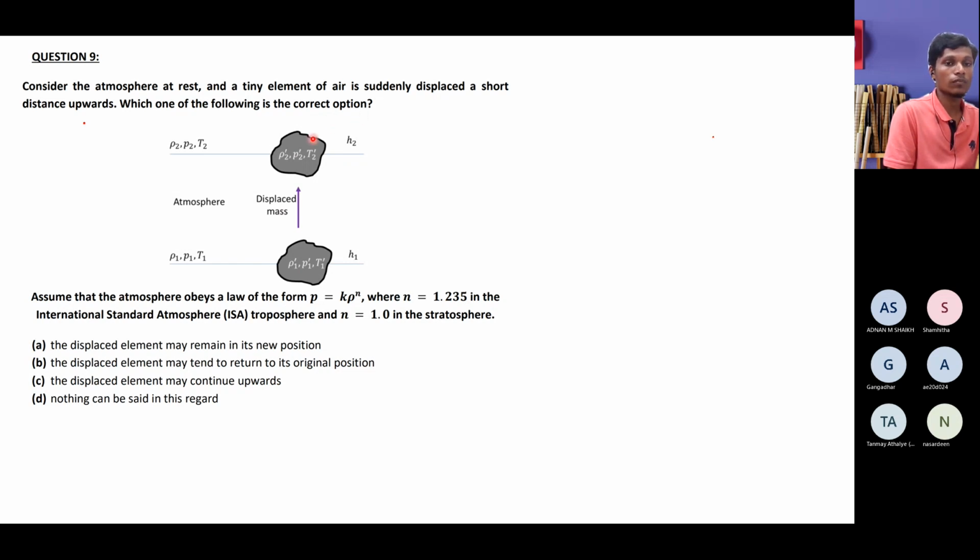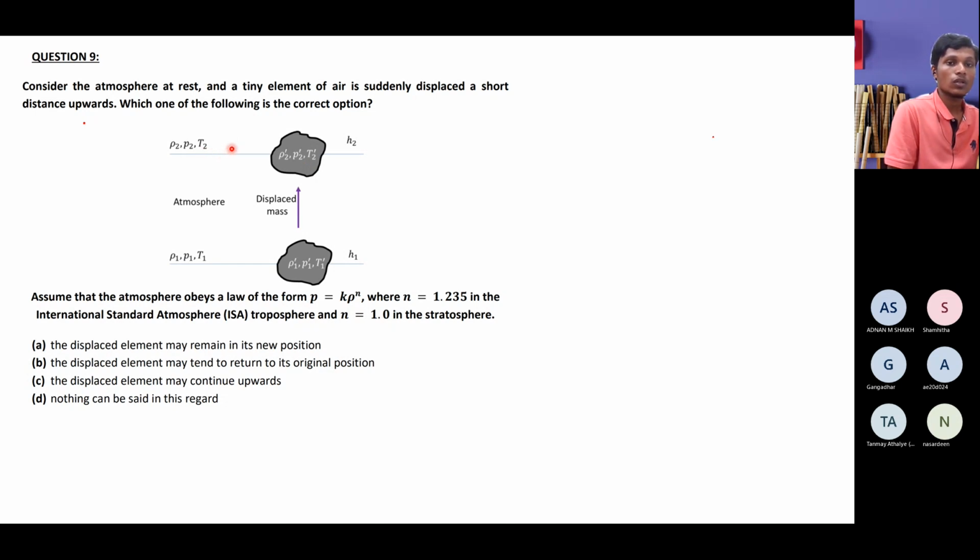They gave the details of the pressure, temperature and density of the tiny element, and the corresponding surrounding pressure, temperature and density at that height H1. This mass is displaced to the position H2, and it acquires the density ρ2 dash, P2 dash, T2 dash, and the surroundings have ρ2, P2 and T2.